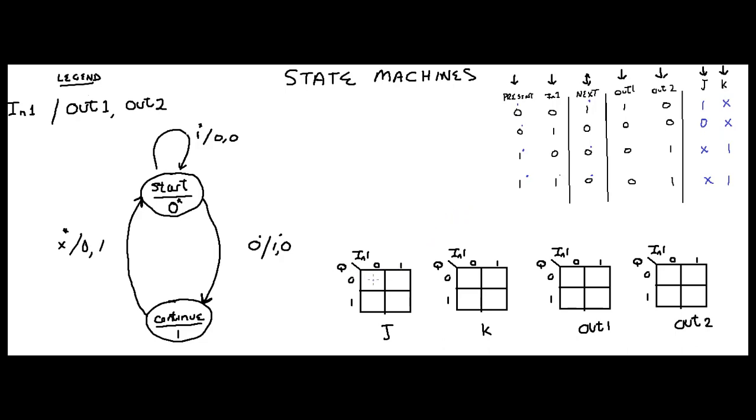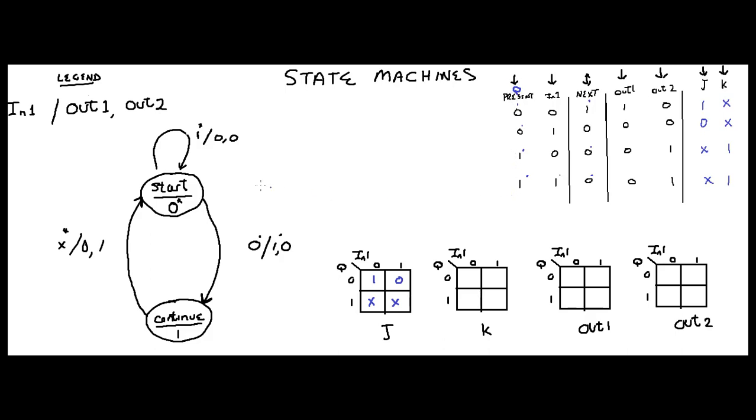This one, 1, 0, x, right? Remember, you're using your present state and your next state, right? So if Q is 0, when I say present, this is your Q. I'll put Q there for you.